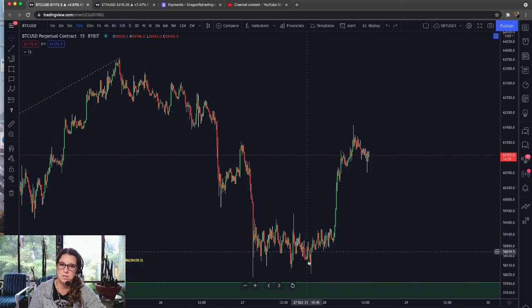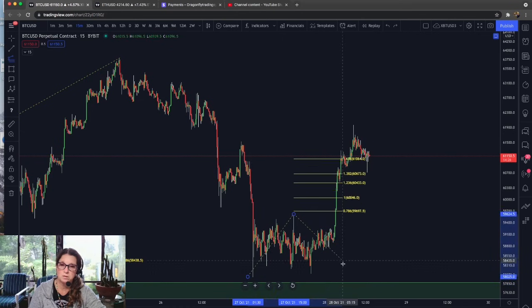When I look at this wave thinking, well, okay, maybe it's a truncation. Very hard to make any type of diagonal or expanded diagonal or anything of that nature out of that. It's difficult. Could it be possible? It could be, but I'm more leaning towards at the moment that we're creating a flat to the upside.